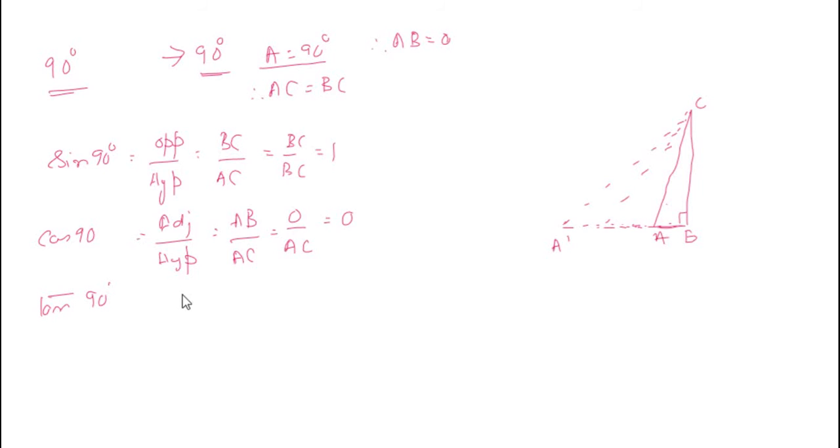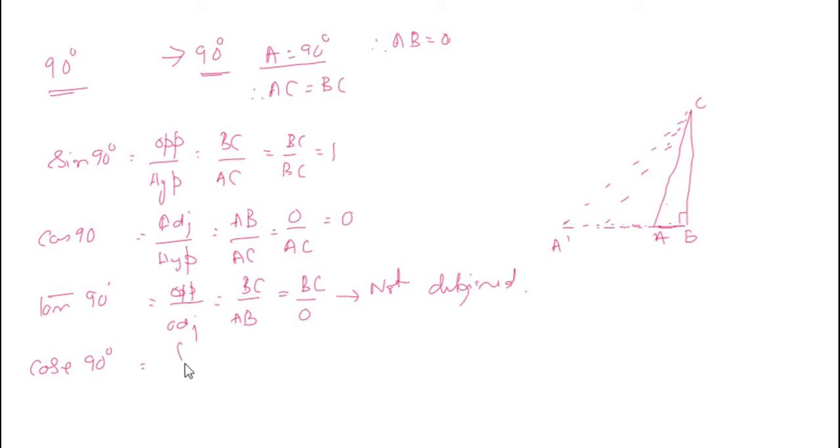Tan 90. Tan 90 is equal to opposite side divided by adjacent side. So opposite side is BC divided by AB, that is equal to BC divided by 0. So this is not defined. Now cosec 90.